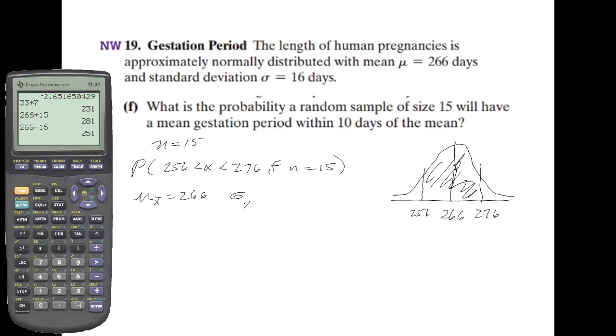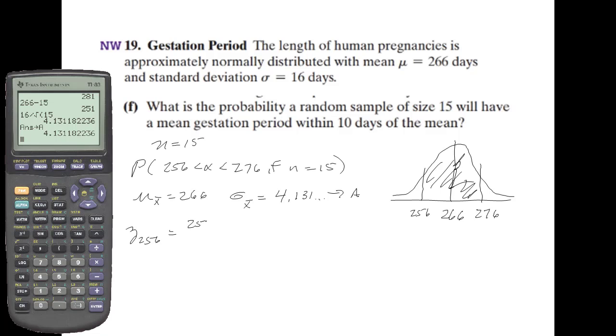And I'm going to find sigma of X bar, and that's going to be 16 divided by the square root of 15. And so that's 4.131 dot dot dot, and I'm going to store that as A. So I'm going to store alpha A. Enter.